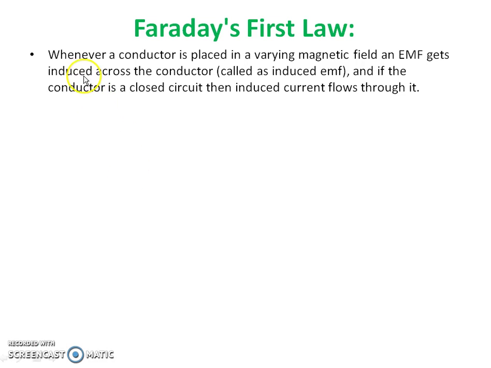You know Faraday's first law: whenever a conductor is placed in a varying magnetic field, an EMF gets induced across the conductor, which is called induced EMF. And if the conductor is a closed circuit, then induced current flows through it.